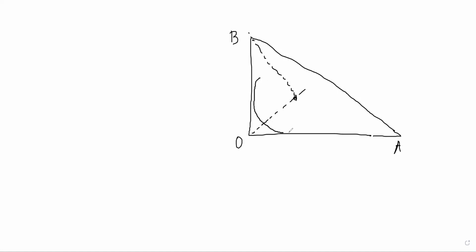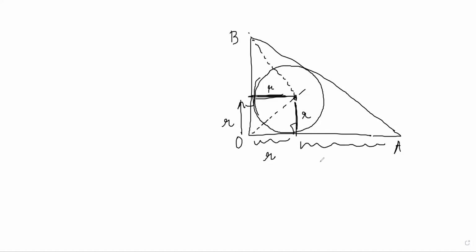And I have a circle like this. This is my in circle. The figure is not accurate, but you get the idea. This distance is R, perpendicular, and this distance is R. So this much is R, and this much is also R. And therefore, this distance is OA minus R, and this distance is OB minus R.